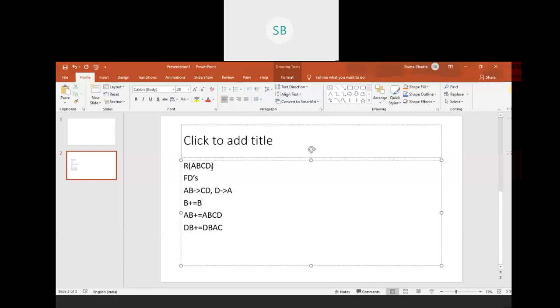Similarly, if I want to find the A closure, then also it will find only A. Now if I want to find the D closure, it will determine obviously D, and what else is it determining? A. So it will determine A also. Similarly, we can go on.